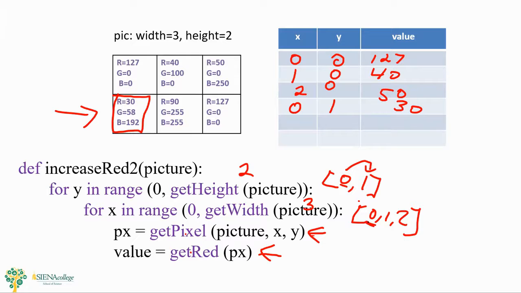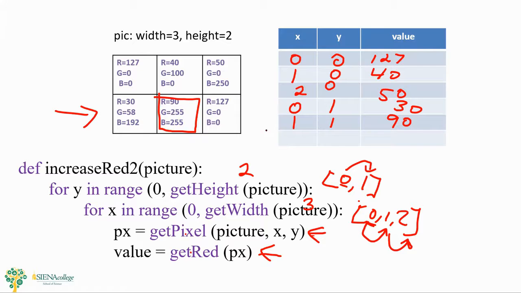We now move from x of 0 to x of 1. So y has not changed, but x changes to 1. And we're going to look at the bottom middle pixel. And R will be 90. We're now ready to go to the next x pixel, move over 1.